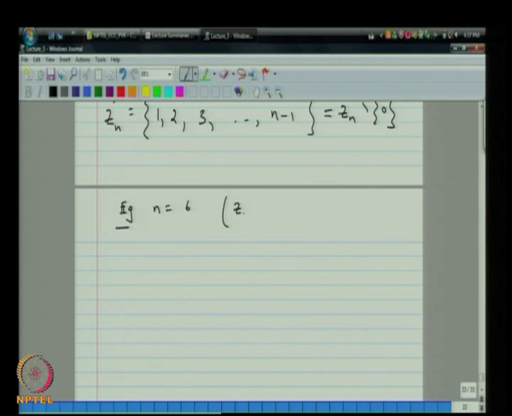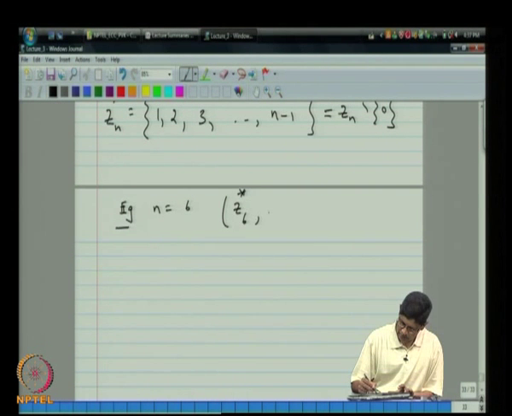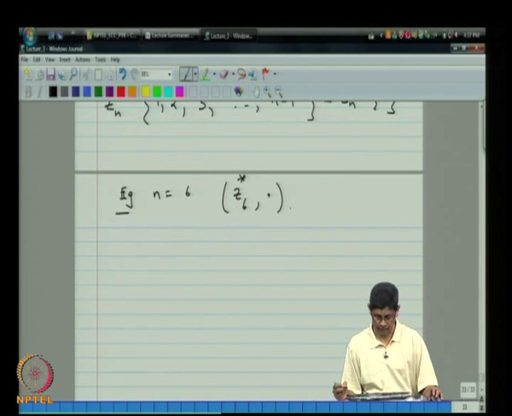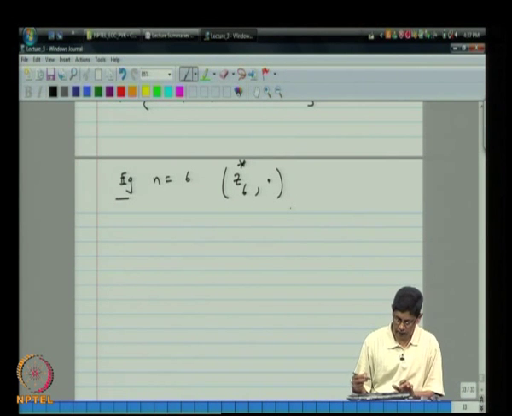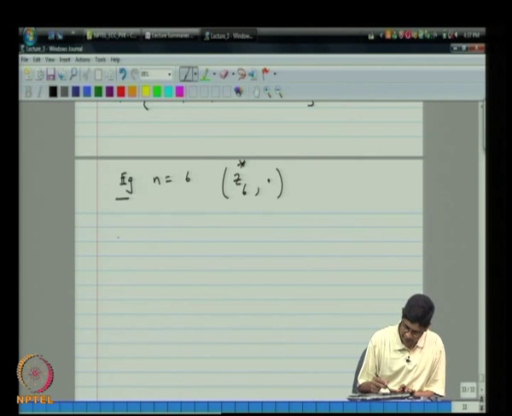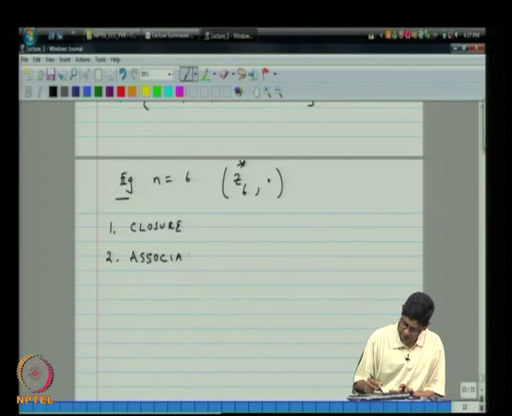We are looking at Z6 star under multiplication, and the question is, does this form a group? Recall that in order for something to be a group, it had to satisfy the following axioms. 1, it had to satisfy the axiom of closure. 2, the operation had to be associative.